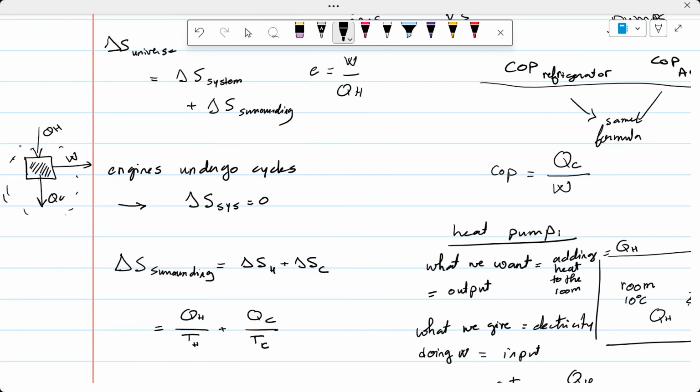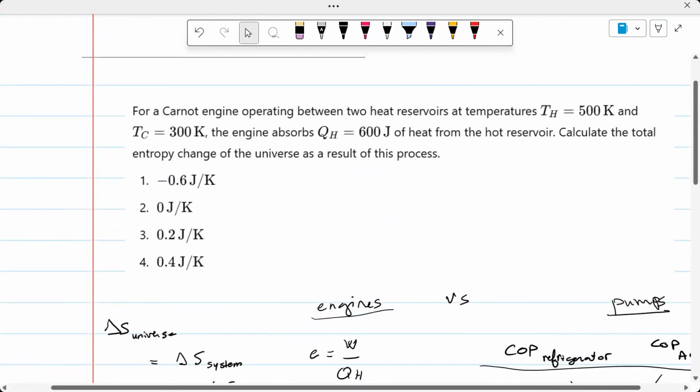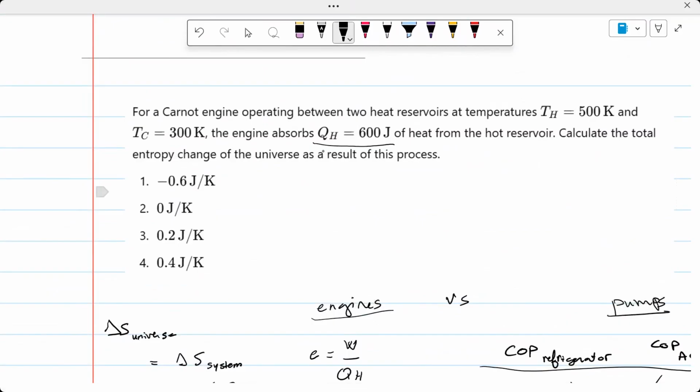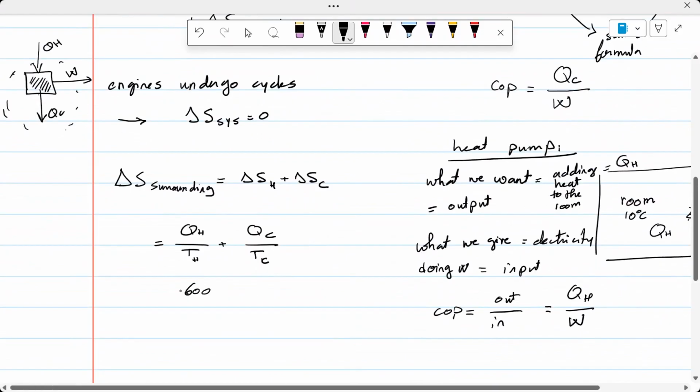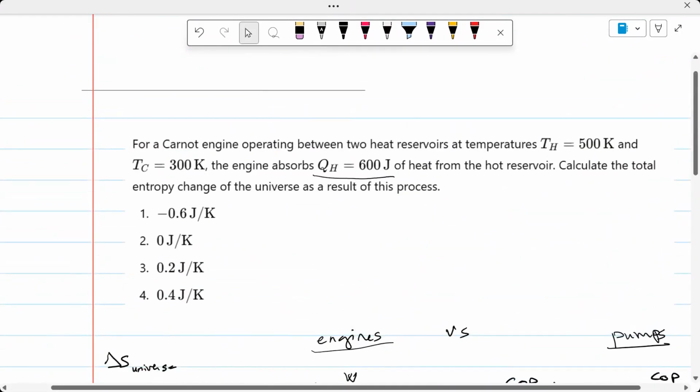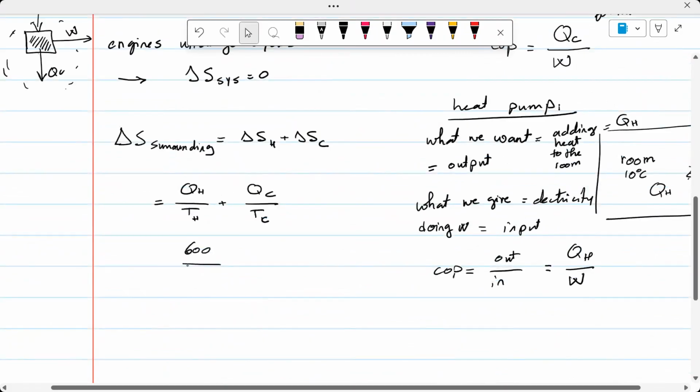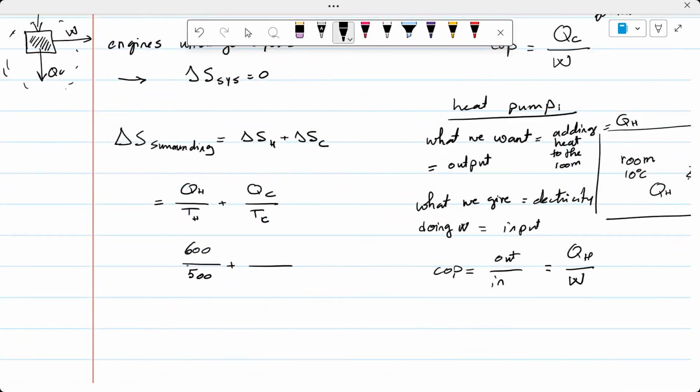Okay, so let's take a look at the values of the heats involved here. I am told that the engine absorbs QH equals 600 joules of heat from the surrounding. So I know QH is 600. I also have TH 500, TC 300. I don't have QC, which is a bit tricky to think of.